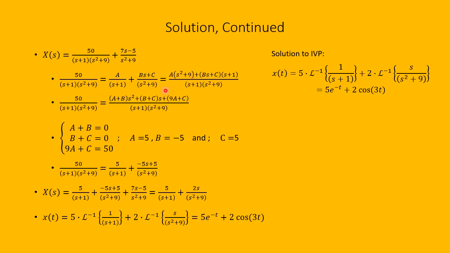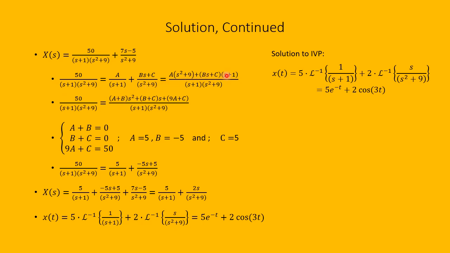Now, if we simplify this by combining like powers of s, we have an a times s squared here, we have a bs times s here. Those add up to the quantity (a plus b) times s squared. Where do the s terms come from?